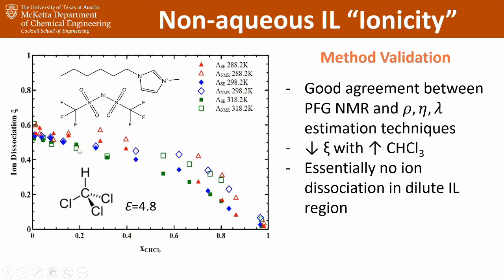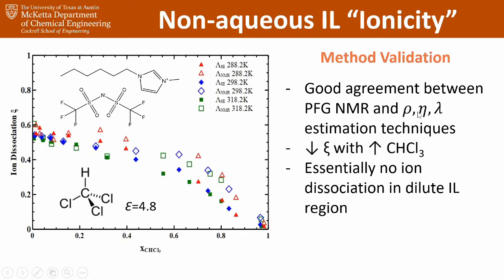And as you increase the amount of the solvent, the ion dissociation just keeps going down, down, down, down, down. All right. So this low dielectric solvent is not able to solvate the ions. That's what the NMR plus conductivity tells us. And when we use the viscosities, it tells us exactly the same thing.